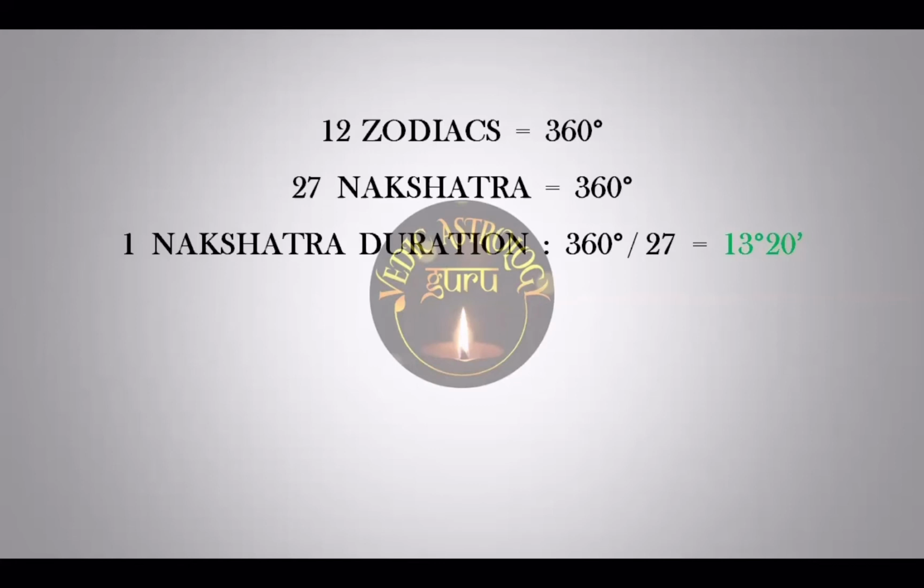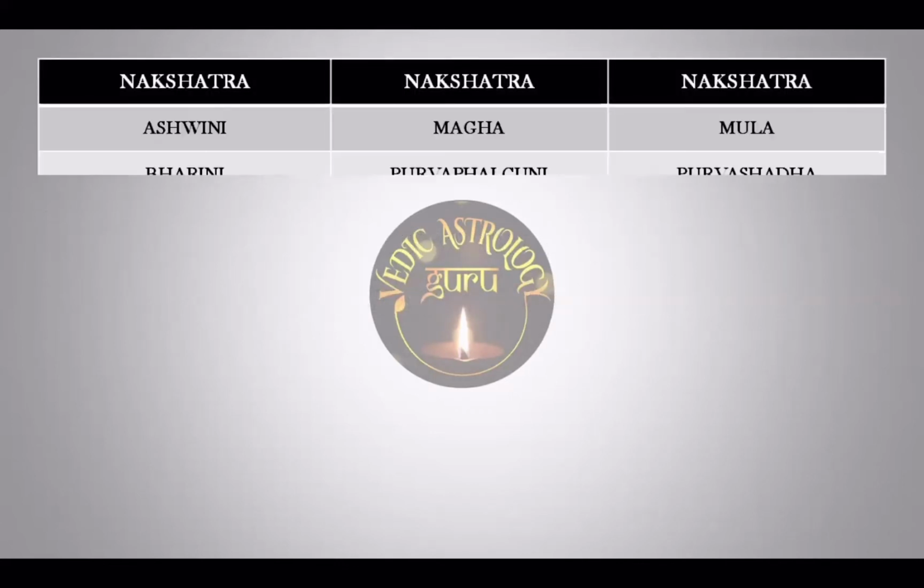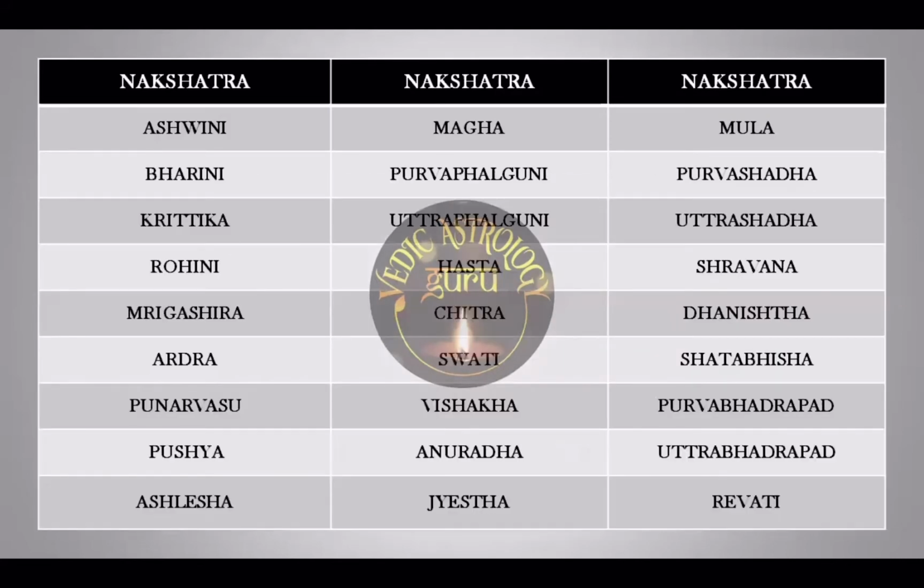That is what we get. One nakshatra is also further divided into four charan. These are the 27 nakshatras. The first nakshatra starting from Ashwini, the second Bharini, the third Kritika. So there is also huge importance to them being divided into three different sections of 9 nakshatras each.